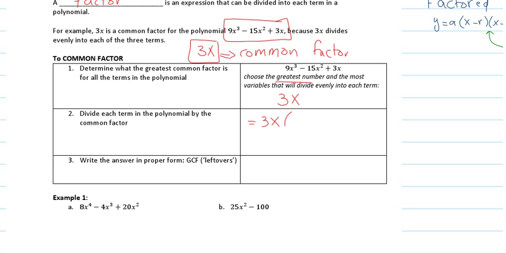Minus 15x squared, and divide by the common factor. Plus 3x, and divide by the common factor. So you write your greatest common factor outside, open bracket, write each term, and divide by the greatest common factor.